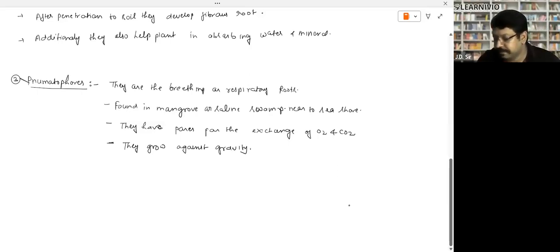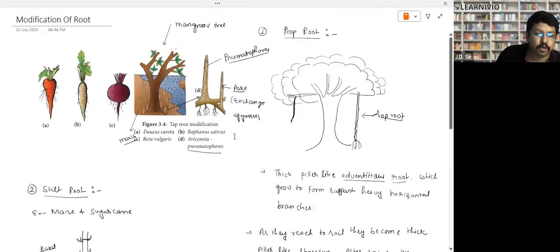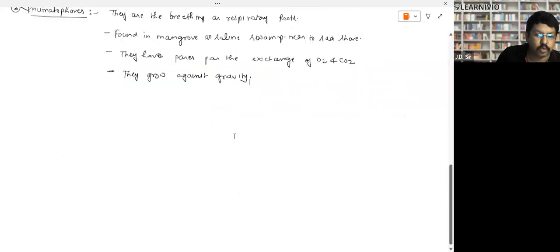Nematophores clear? Yes, sir. Okay. Then last but not the least. Sorry, third point? Third point, they have pores for exchange of O2 and CO2.